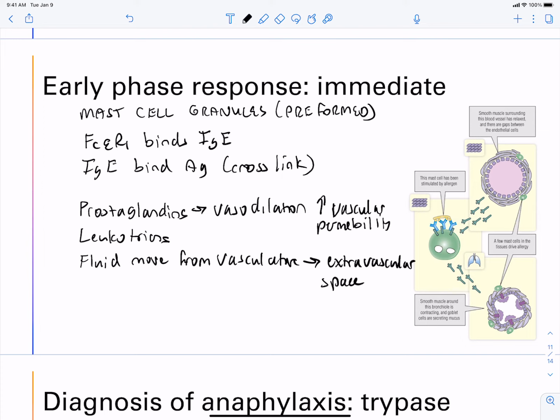And this is going to decrease vascular tone. And if you have widespread mast cell activation, this can decrease the blood pressure and can lead to anaphylaxis. So if we have systemic.